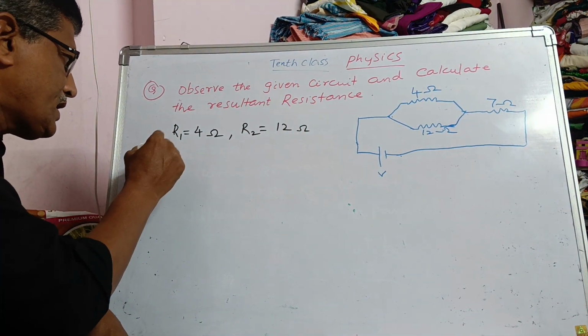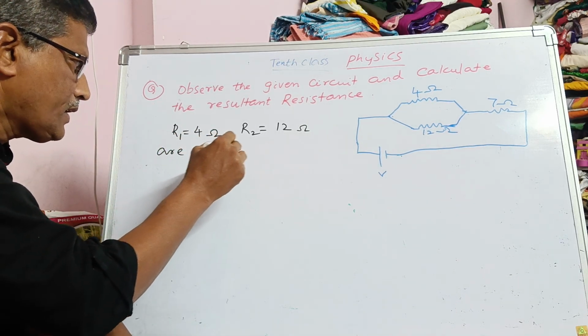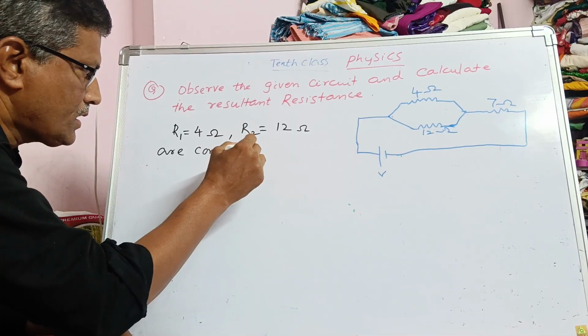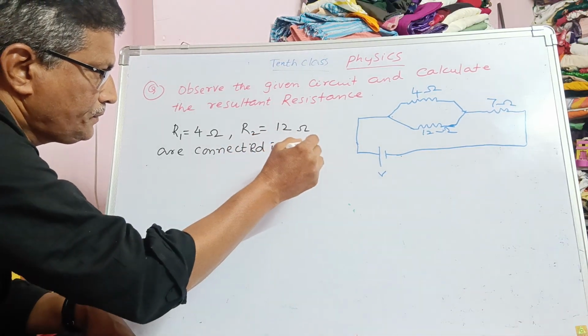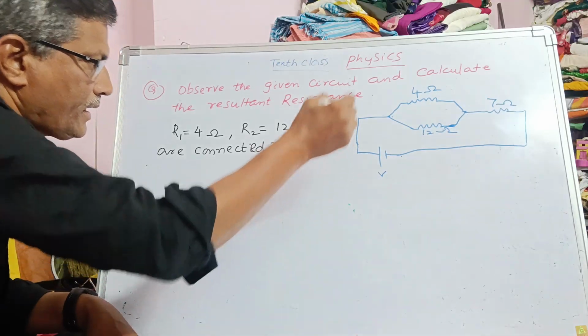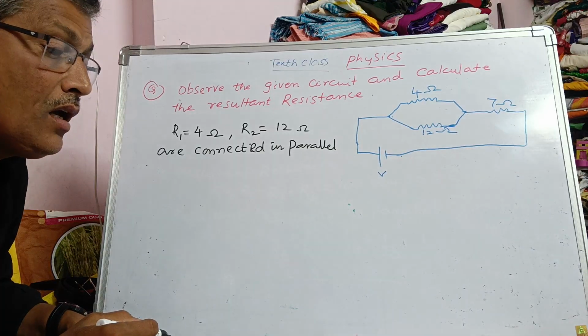These two resistances are connected in parallel connection. 4 ohms and 12 ohms are connected in parallel.